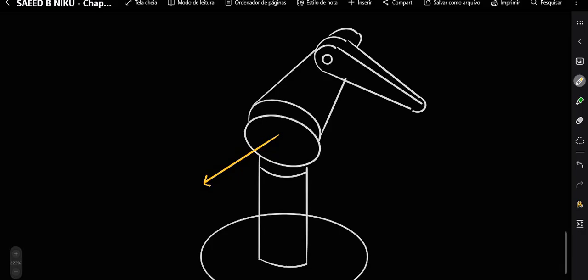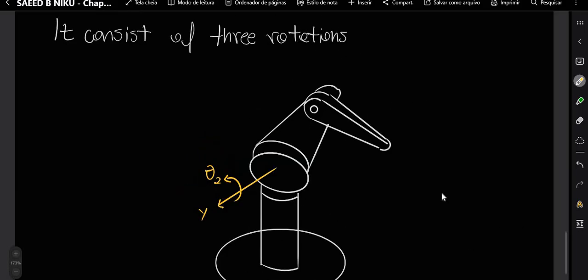Okay, so right here we have an axis, and we got this angle theta 2. And this is why we got the z-axis, and the z is this angle of the base of this cylinder.